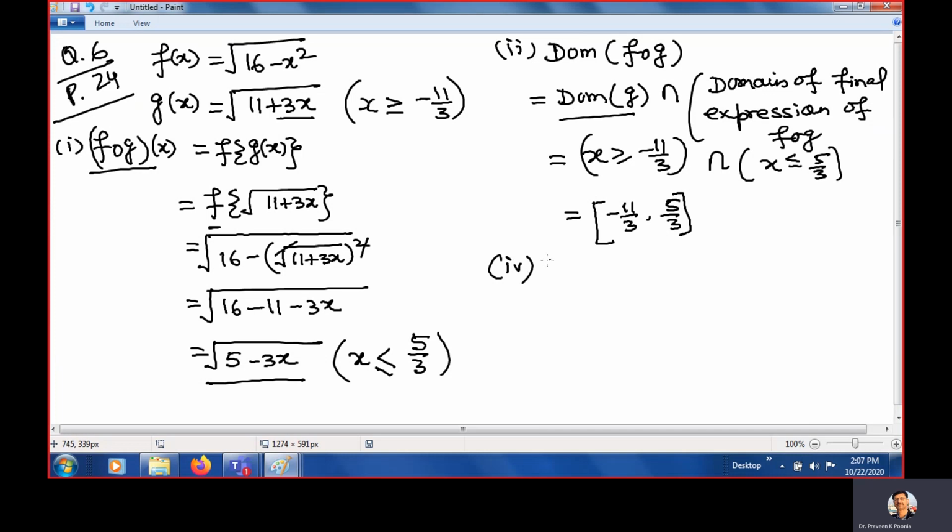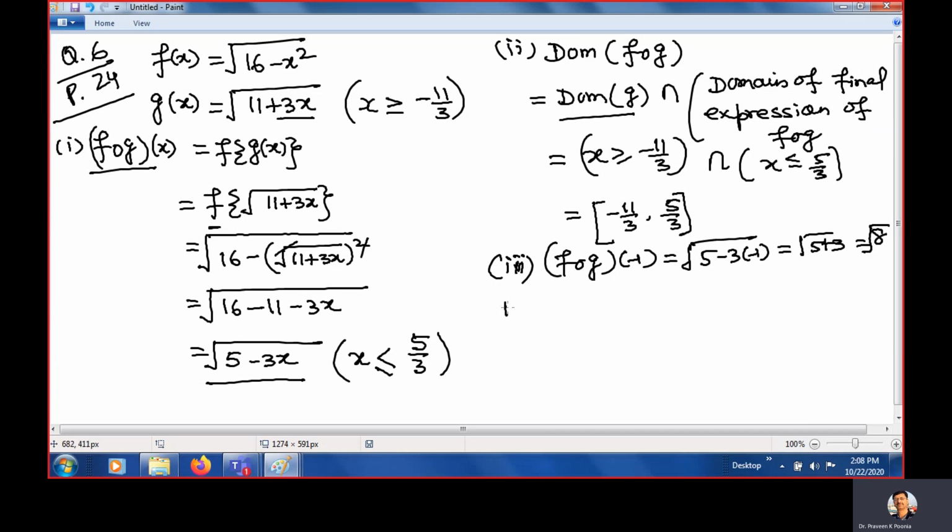Now the third question they are asking is f composition g at minus 1. So for minus 1 we need to put in the value: 5 minus 3 times minus 1, and this is 5 plus 3, that equals square root 8.